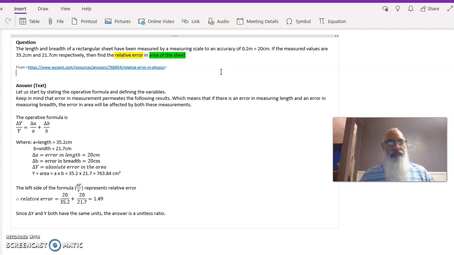So think of error as just a difference in the real measurement and the virtual or possible measurement that could have been if we had more and more sophisticated instruments. But it's not a mistake, so to speak.